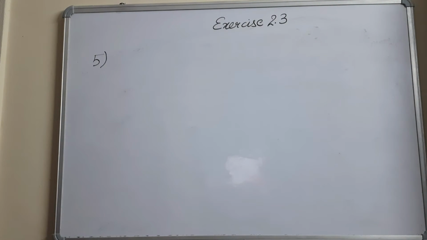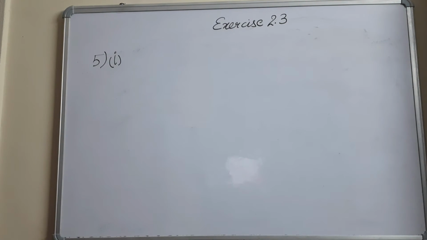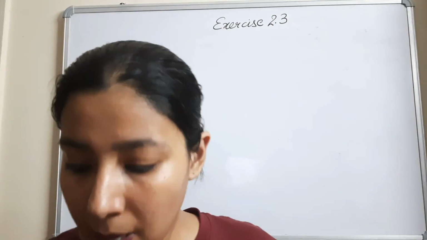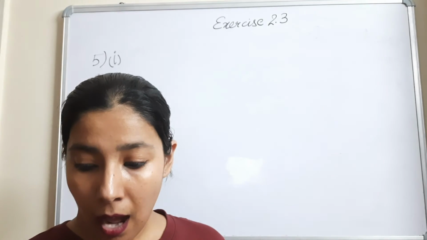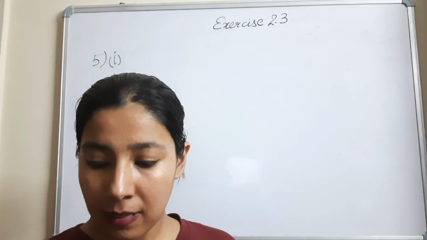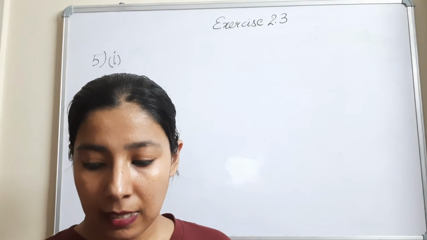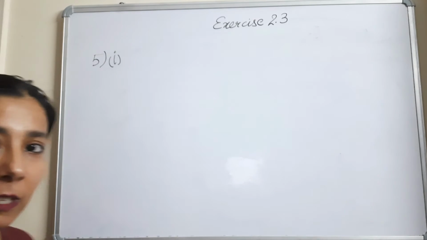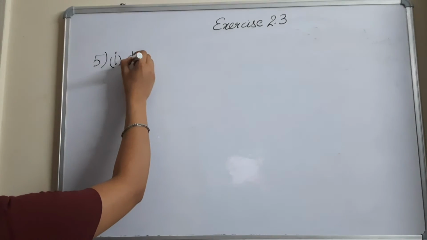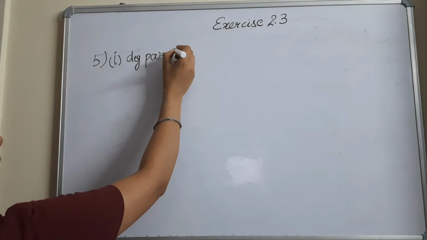Question number 5 part 1 says, give examples of the polynomials p(x), g(x), q(x) and r(x) which satisfy the division algorithm, and the first part says degree of p(x) is equal to degree of q(x).